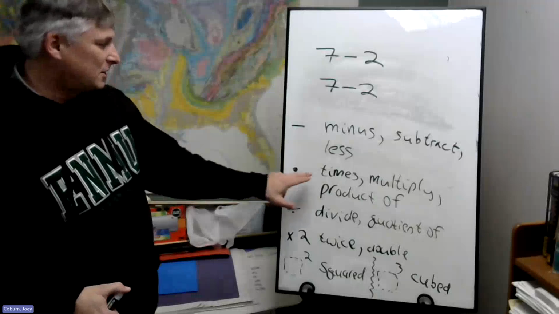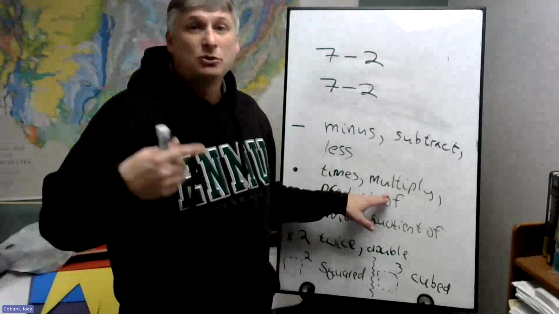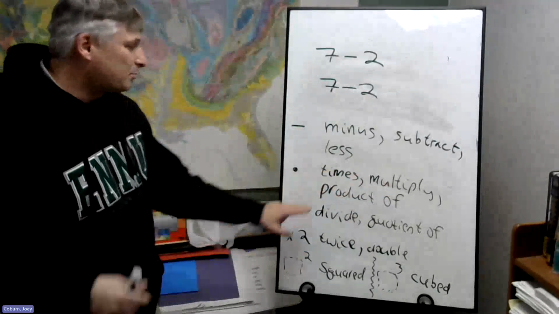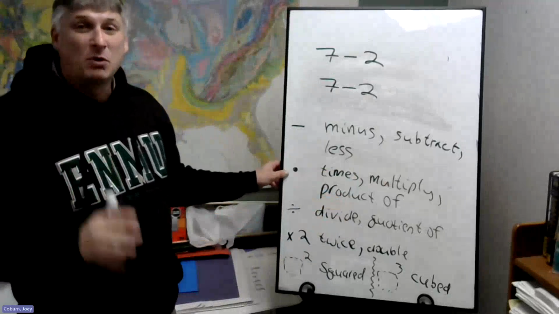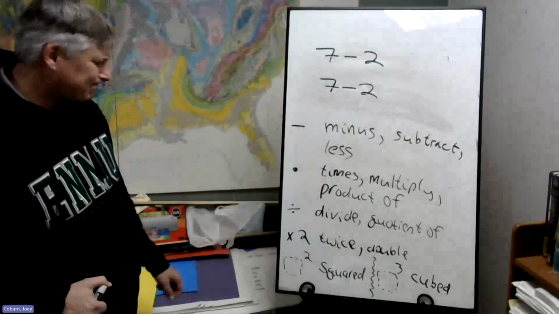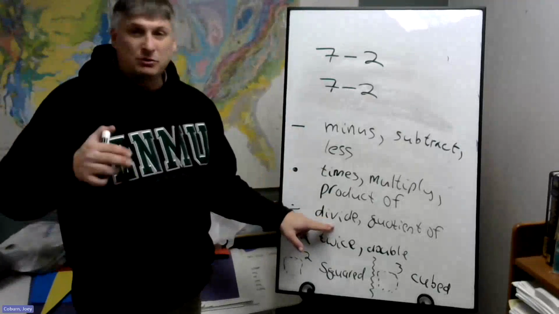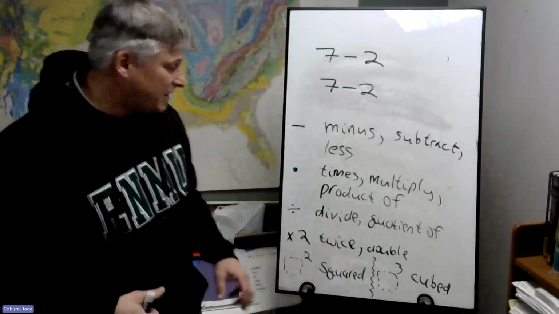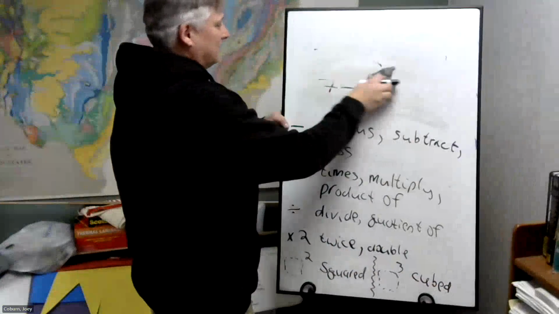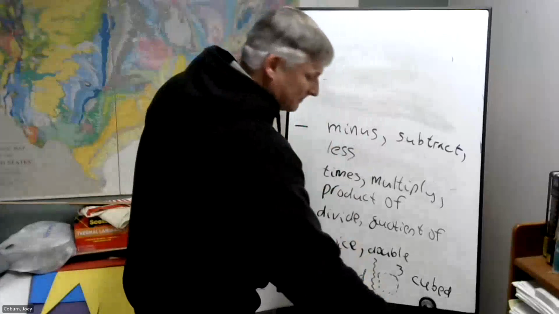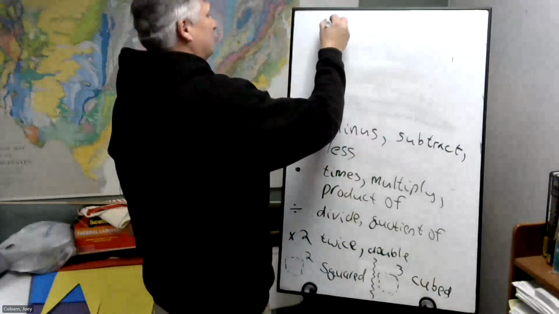Now, 2 times 3, or we multiply 2 and 3, the product of 2 and 3 means multiply, times. Likewise, you might say 6, or 2. This one actually is an interesting one. We could say 6 divided by 2.